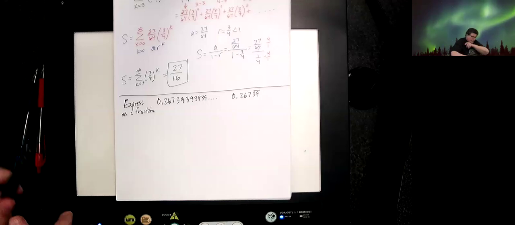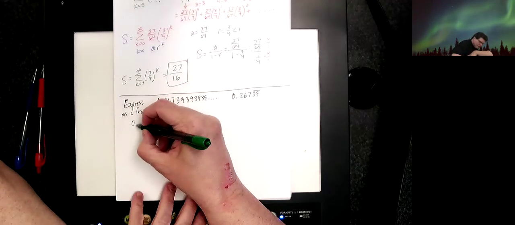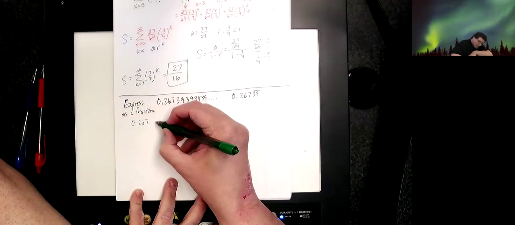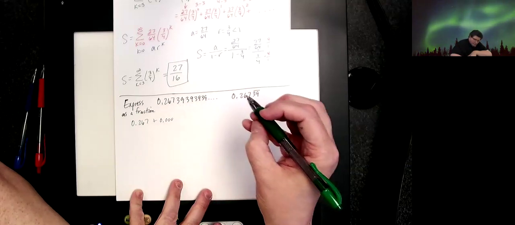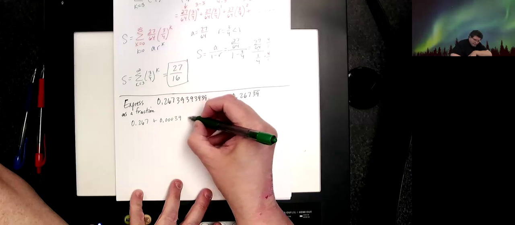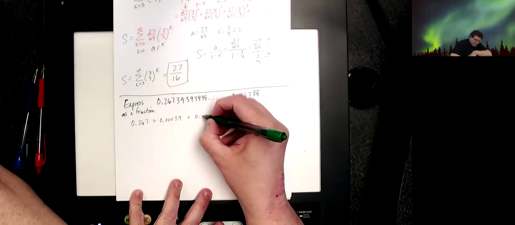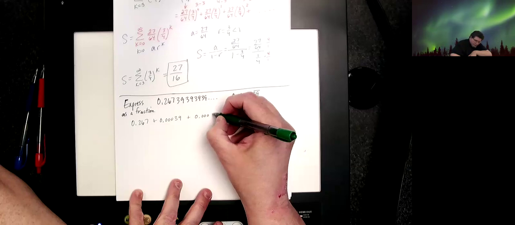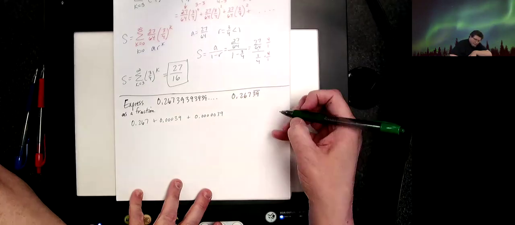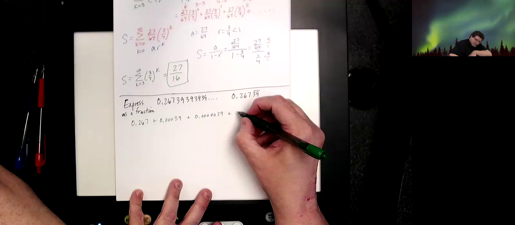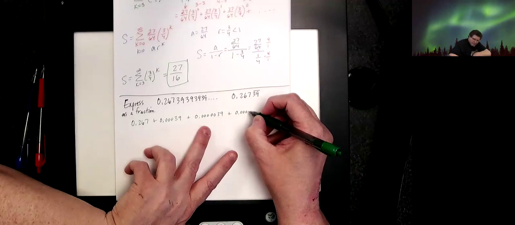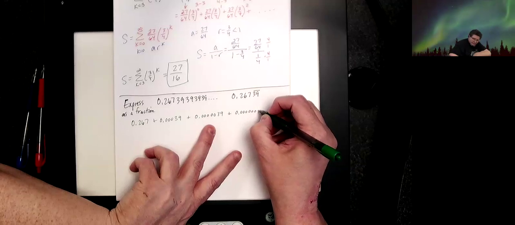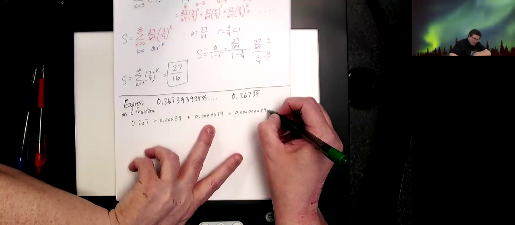So I can write this as 0.267 plus 0.00039 plus 0.000, two more zeros and another 39, plus 0.000. I did 3 zeros, 5 zeros, 7 zeros here, 39, and it keeps going.